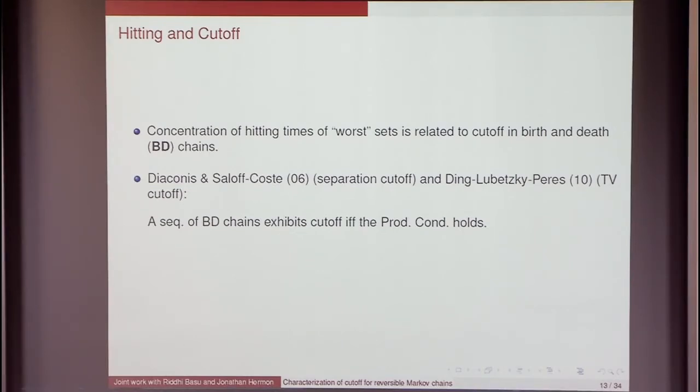And both papers relied on a very special property of birth and death chains, a beautiful property discovered by Karlin and McGregor in '59, which is that the hitting time, the time to go from the left to any vertex here, has an exact expression as a sum of independent geometric variables. And the parameters of the geometrics are just the eigenvalues of the chain.